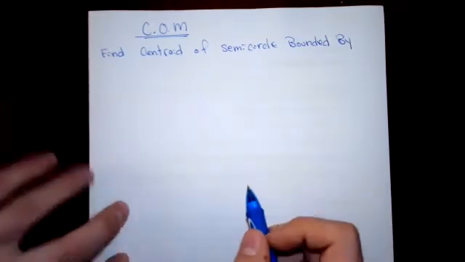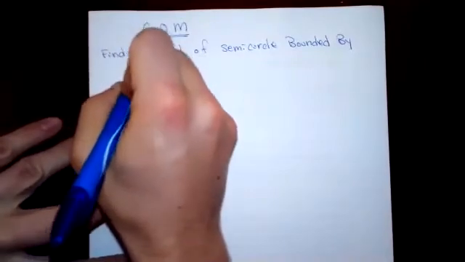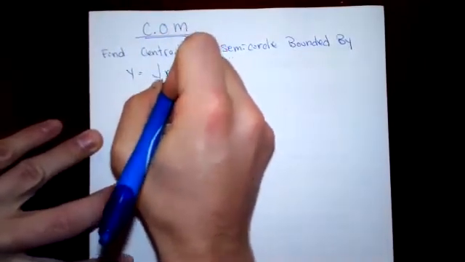So let's just give a generic radius. y is equal to the square root of r squared minus x squared.